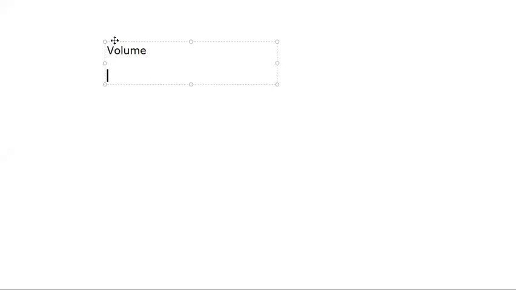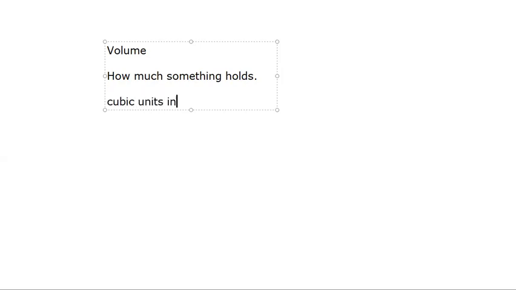Volume is how much something holds. And when we're talking about three-dimensional solids made up of polygons, it's the number of cubic units in something.